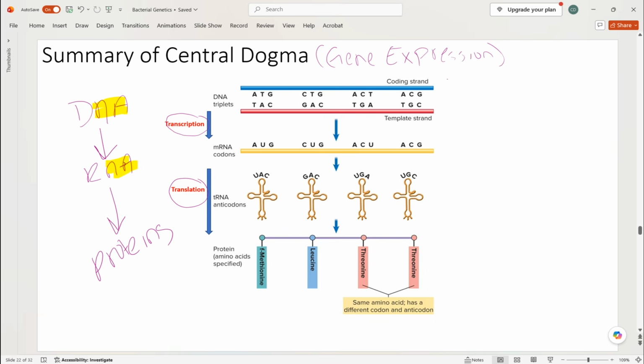They also have a phosphate group. They also have a sugar, but this one is ribose. And there's also one of four nitrogenous bases: adenine, uracil, guanine, and cytosine. So DNA and RNA are not the exact same things. There's a lot of similarities between their nucleotides, but there's a few differences, but those differences matter.